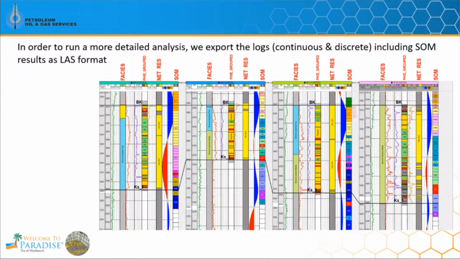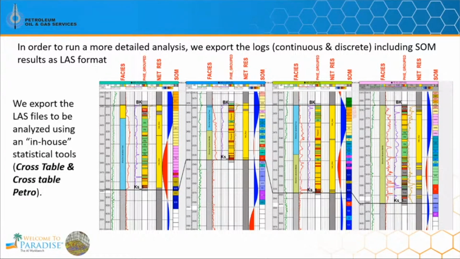So we export these last files with this information and prepare the data in order to be analyzed using an in-house development that we call cross-table and cross-table Petro in order to run the statistical analysis.